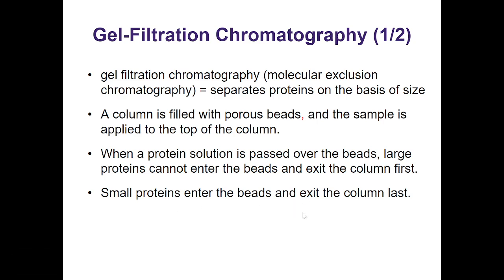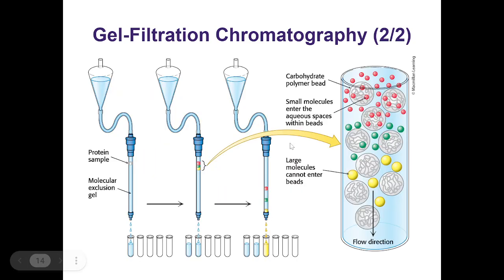The small proteins can actually enter the beads and will exit the column last. And this is actually what it looks like. You can see here we have our protein sample. We loaded it on the column here. We then have our molecular exclusion gel. These molecular exclusion gels are actually pretty simple resin plastic beads, basically, that are made under very stringent conditions, okay?